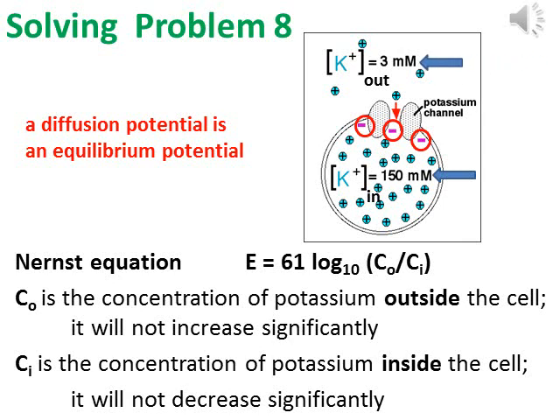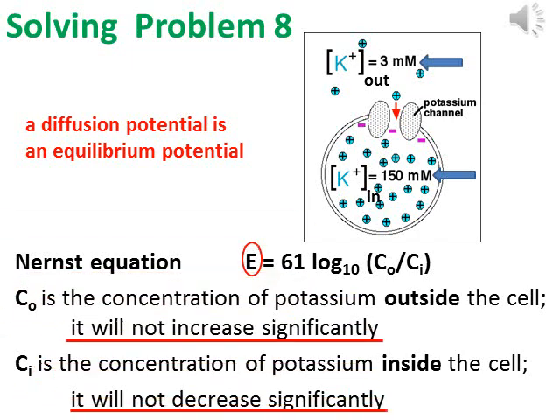An important concept is that it takes only a small amount of an ion, such as potassium, to cross the cell membrane before a large electrical potential is built up. The electric force is very strong, and it only takes a small amount of potassium leaving the cell to create an inside negative membrane potential that's powerful enough to counter even a large concentration gradient, such as that shown here for potassium.